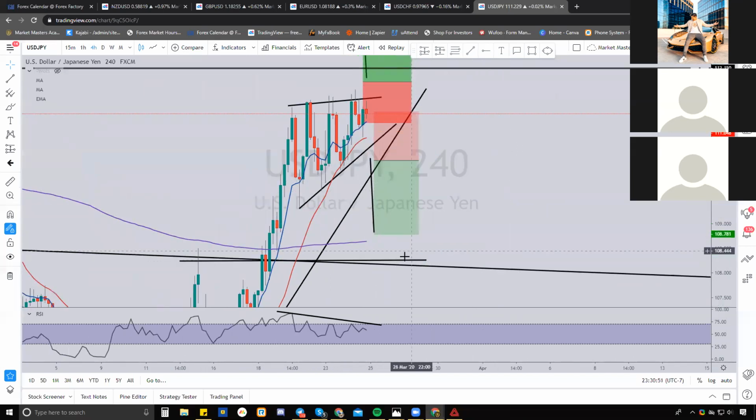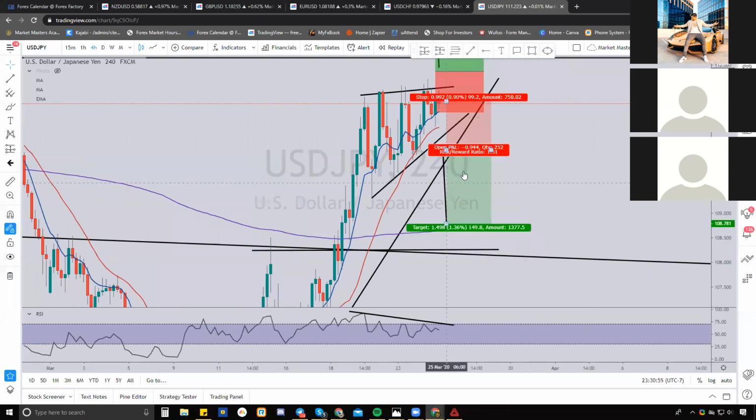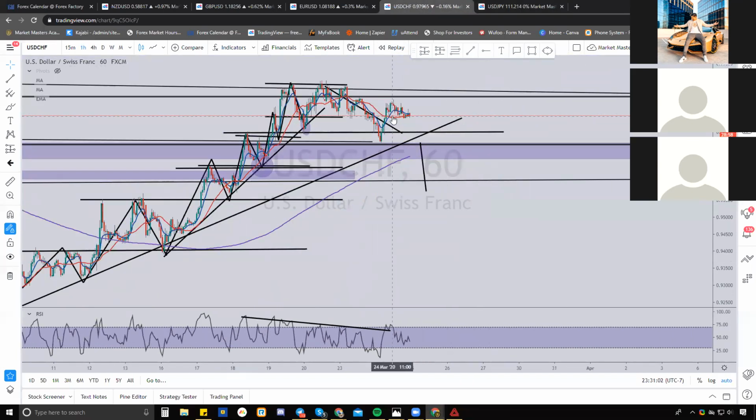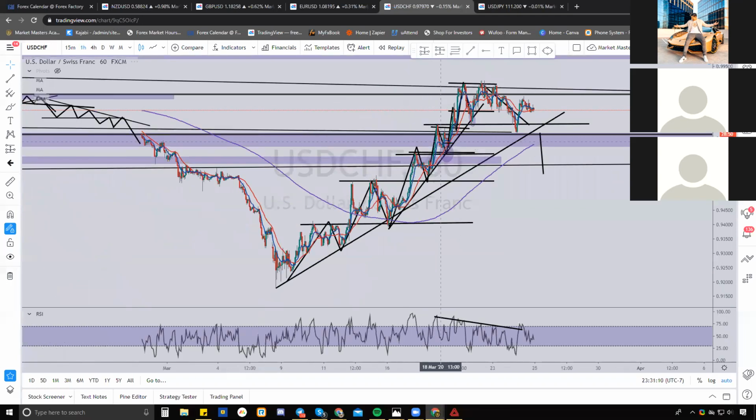UJ is a little more complicated, being that it's really quick when it moves from like 250 to 500 compared to, let's say, USD CHF, from 750 to 500, it's a good amount of distance.